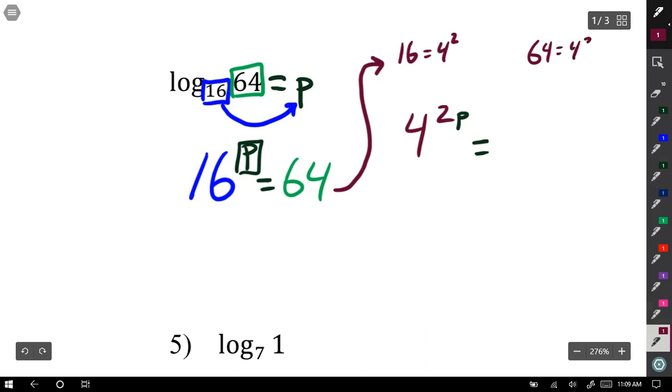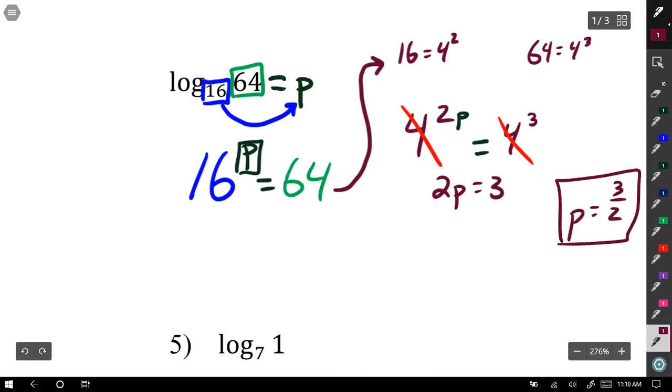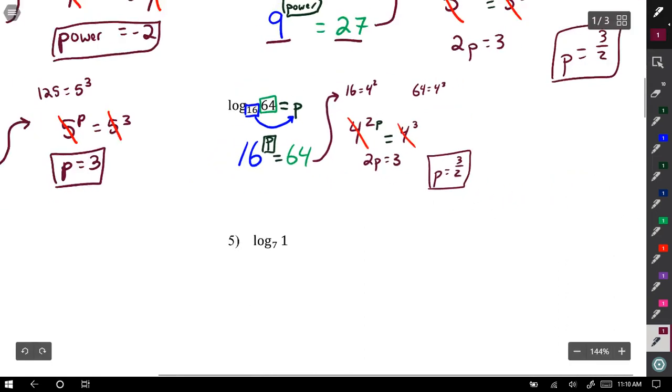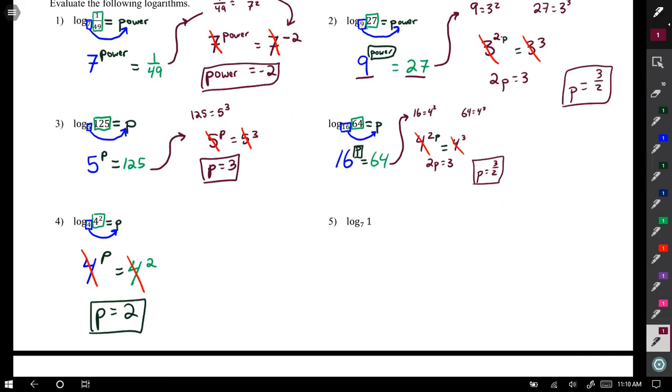I think that's 4 cubed. So boom, now they have the same base. I can cross them out, and I can say 2P equals 3, and it just so happens that this is also 3 halves. So the right column is a little trickier because it's not as straightforward with the common base.